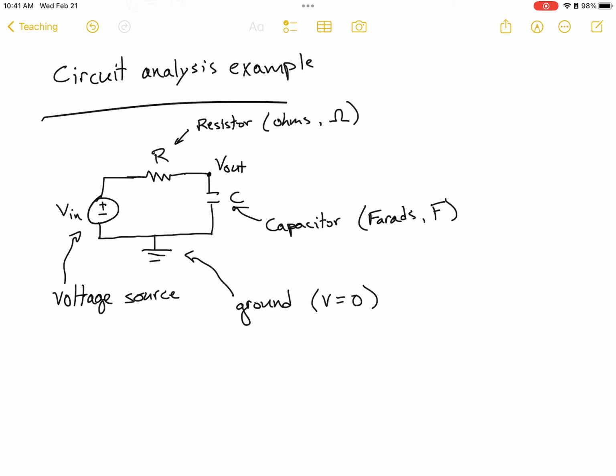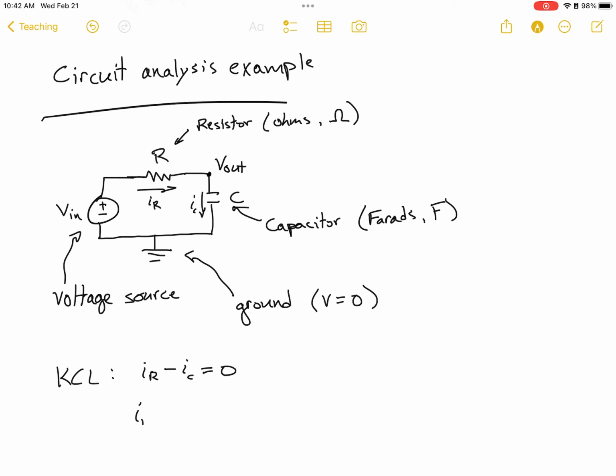And so we're going to apply Kirchhoff's current law to the system. That means that if I draw current going into this node right here, and I call that IR, and I draw current going out, IC, that means that IR, the current going in, minus IC, the current going out, is equal to 0.